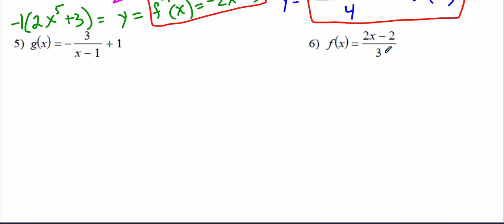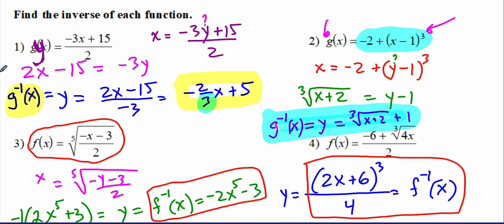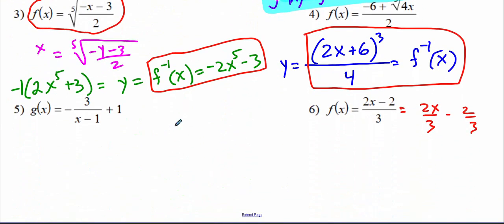This is a linear function. If you separate, that is simply 2x over 3 minus 2/3. So you multiply by 3 here, and then you add 2, and then you divide by 2.